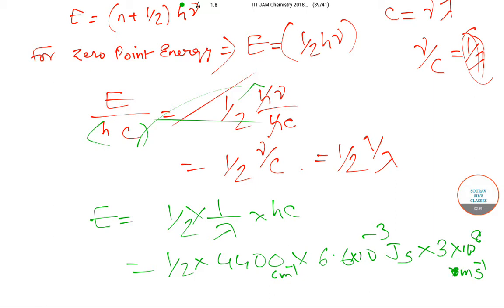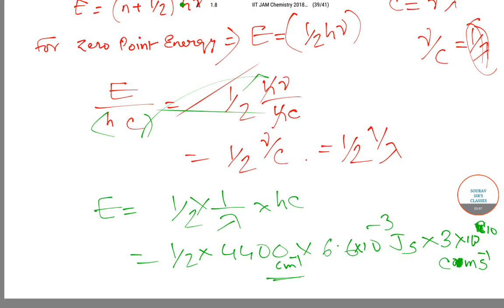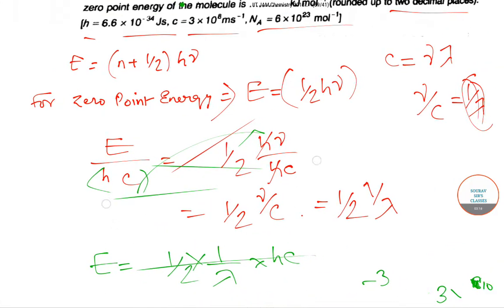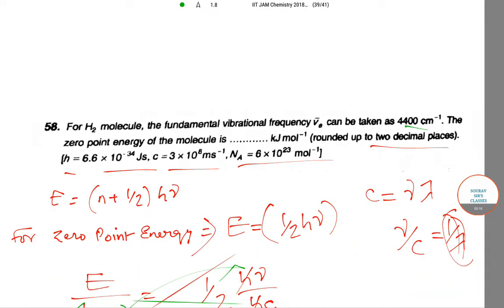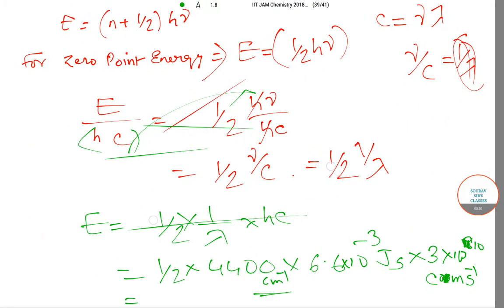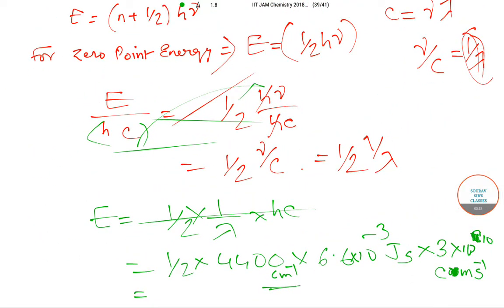And we can also convert it to centimeters, so this will be 10 to the power 10 because this is in centimeter inverse, so we will try to keep it in a uniform unit. Here we should know that centimeter inverse and centimeter cancel each other, the units cancel.